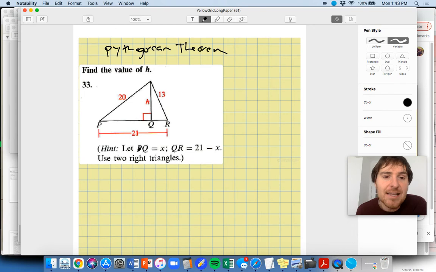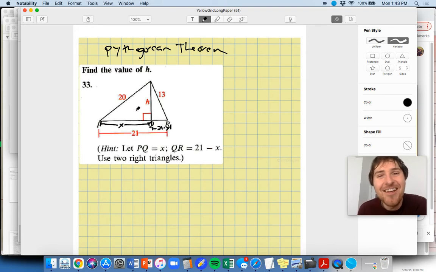They're giving me hints. They say, let PQ equal x. So here we have x, and here we have 21 minus x. Where did that come from? Well, the whole third side of this triangle is 21.